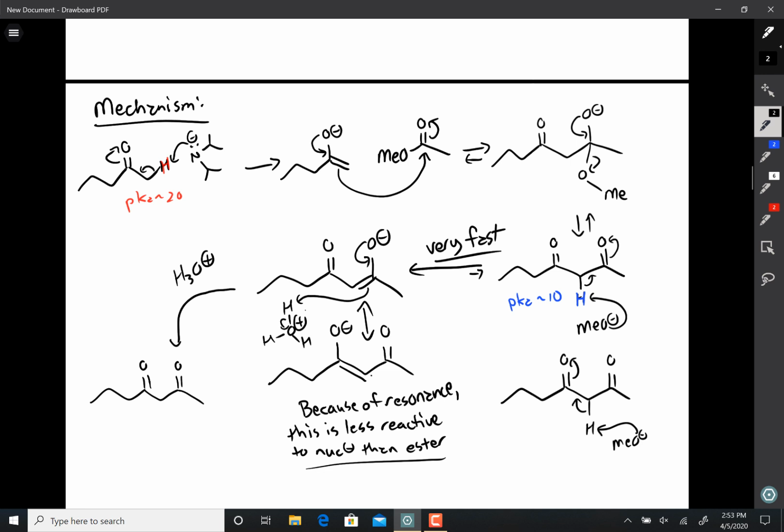If you protonated the oxygen, you get the enol.